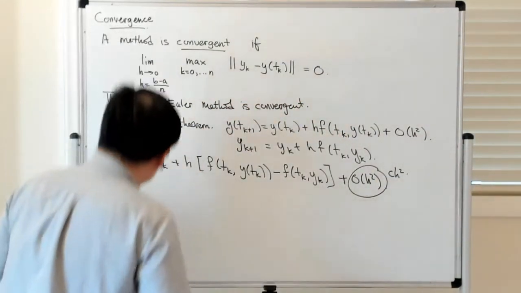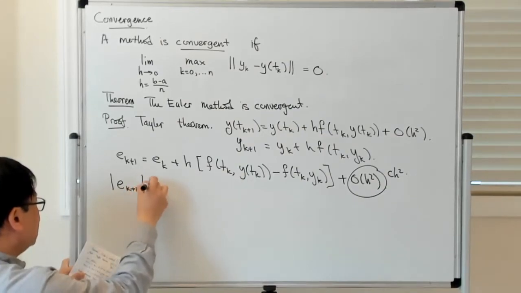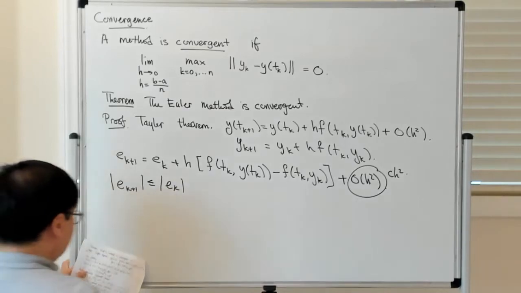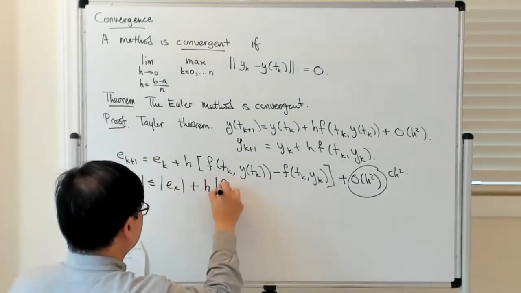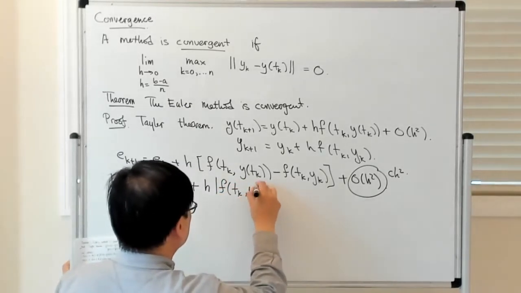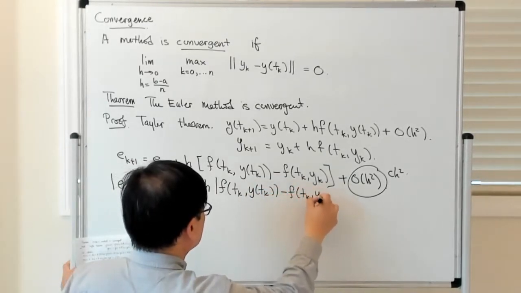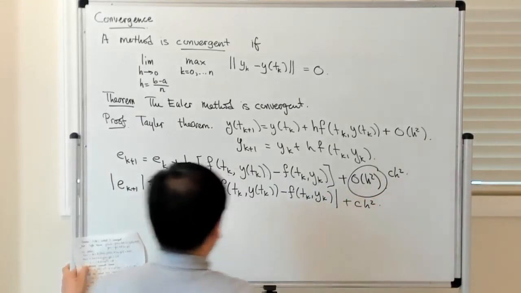This tells me that the absolute value of the error at the k plus first stage is less than or equal to the absolute error at the k stage, plus h times the absolute value of this difference, plus c h squared.